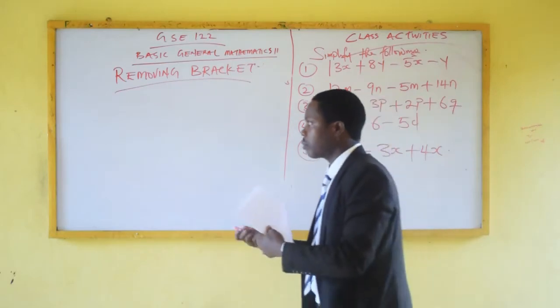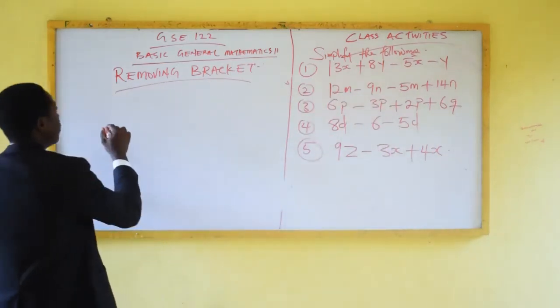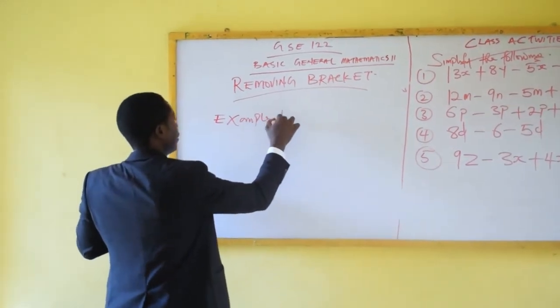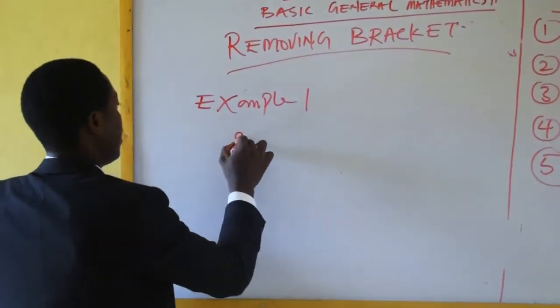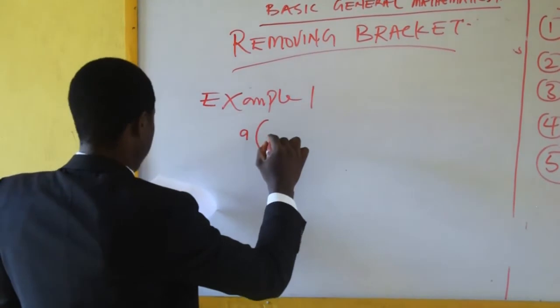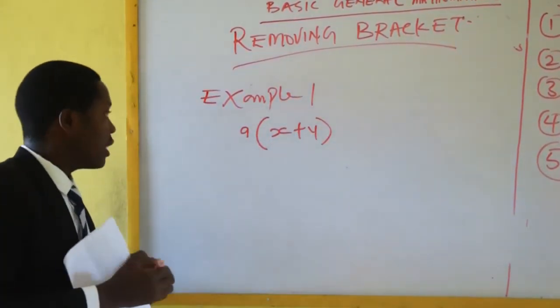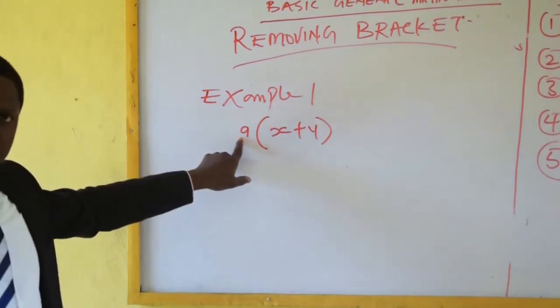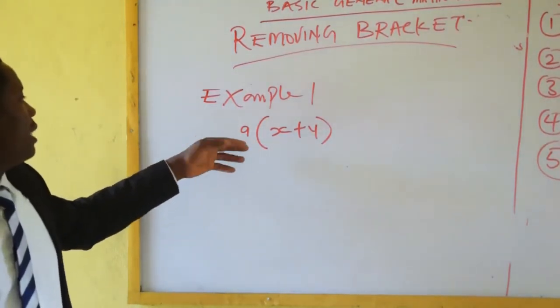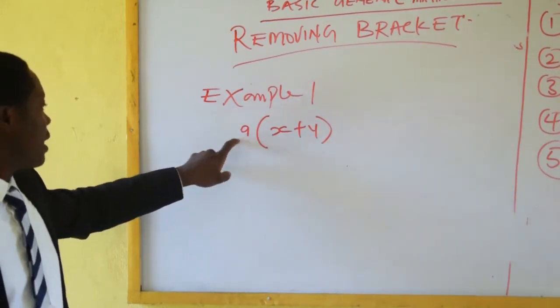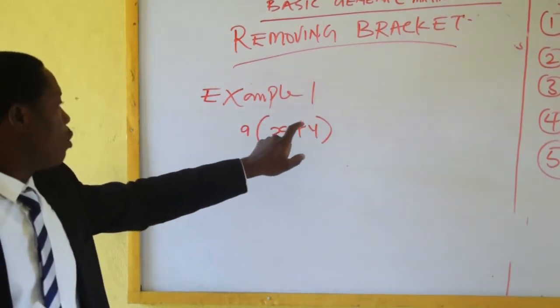For example 1, if you have something like this, a into bracket x plus y. Now, this a as a quantity multiplying anything in the bracket, that a will multiply all the values in that bracket.